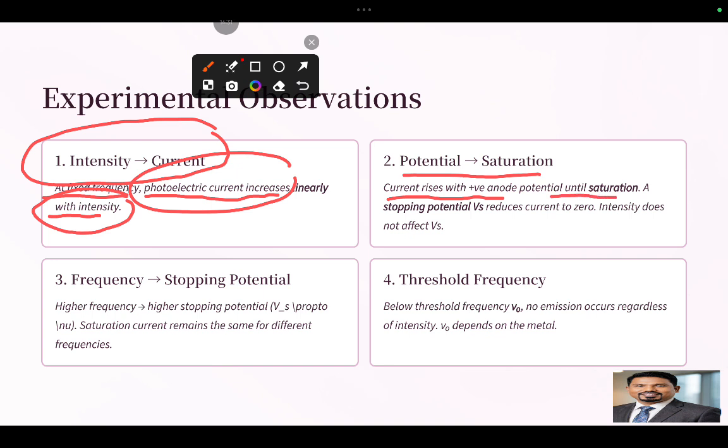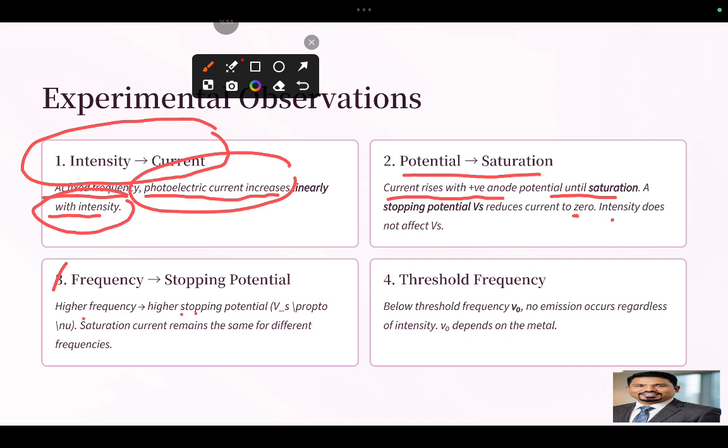At the stopping potential, the current is reduced to zero. That means intensity does not affect it because of the potential. Then the third observation from the experiment: higher frequency, higher stopping potential.